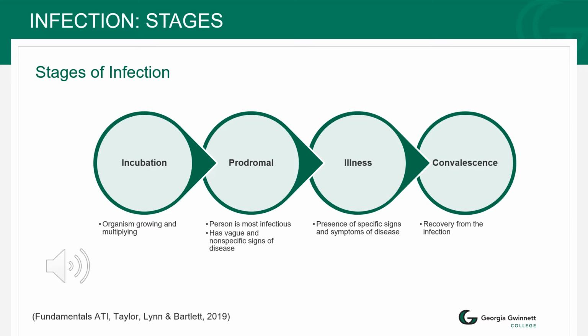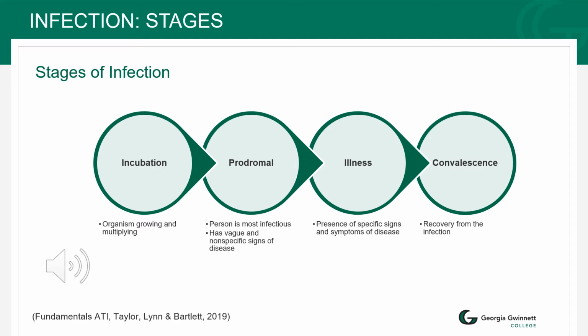Our third learning outcome is for you to list the stages of infection. It's important for you to know, because you need to know where in the process of the infection your client is. Where is your client in these stages? Right? So incubation is that time period when the pathogen enters the body and the first symptoms occur.